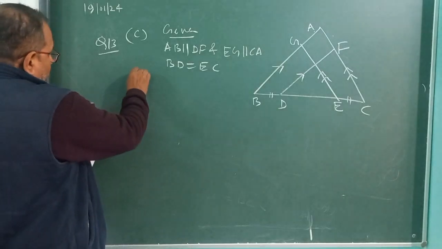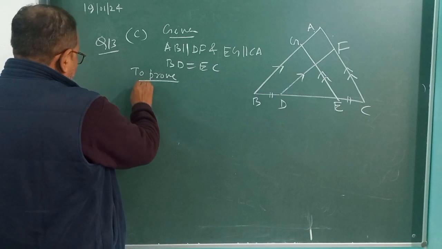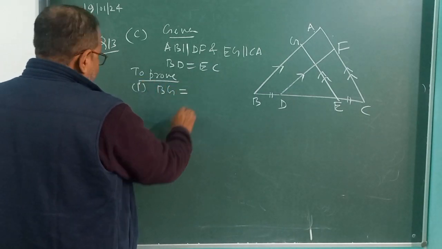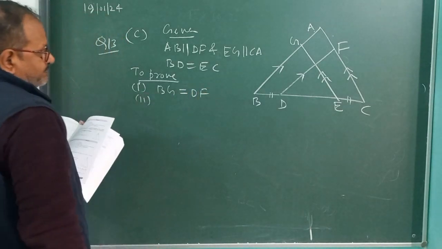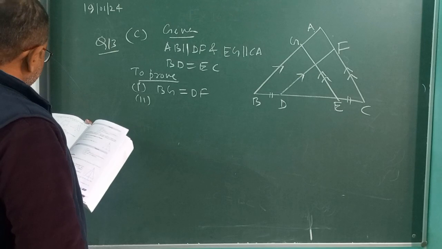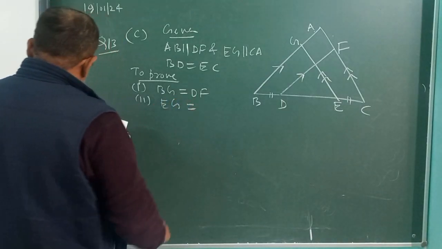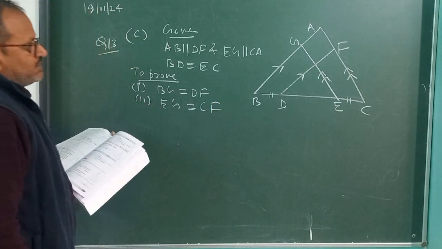What we have to prove? We have to prove first part, BG is equal to DF. Second part, EG is equal to CF.